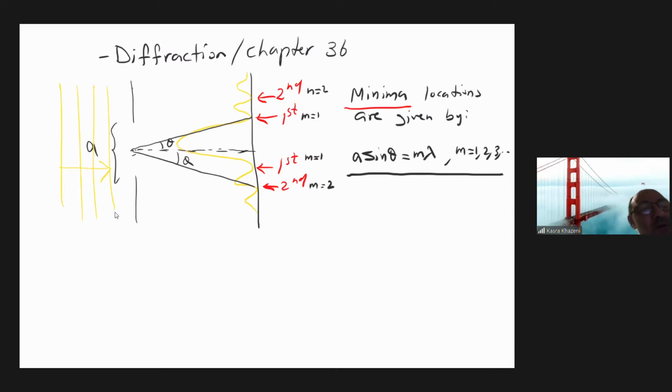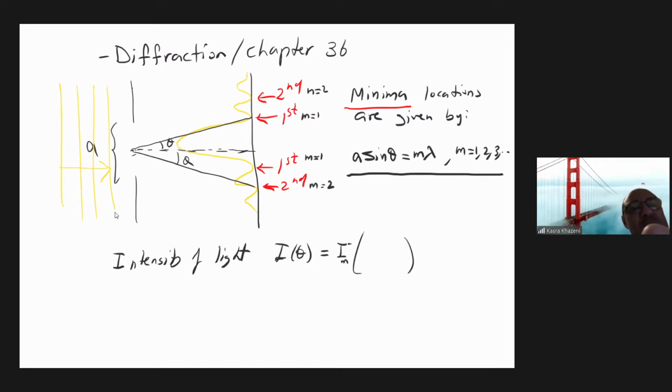Okay, and if you remember, without proof, we also said that the intensity of light as a function of that angle theta is some maximum times sine of alpha over alpha, squared, where alpha was defined as 1/2 the phase shift, which is pi over lambda a sine of theta.